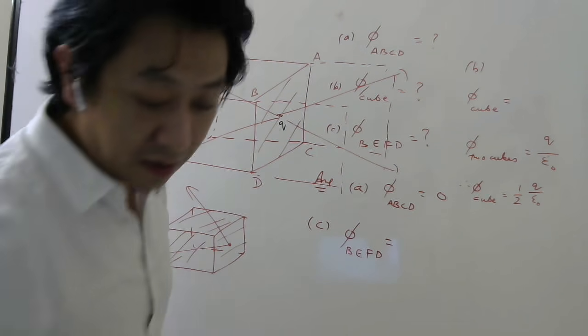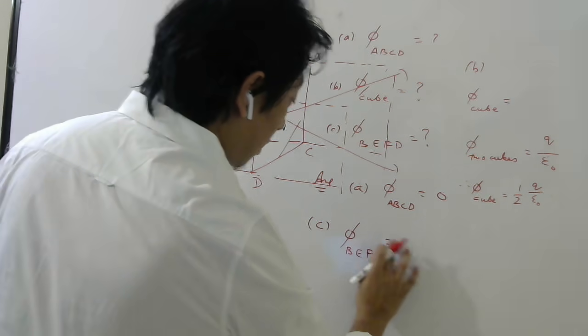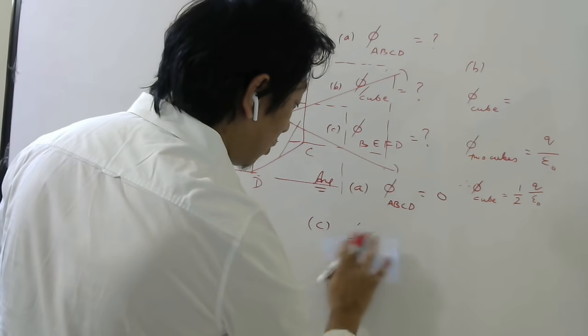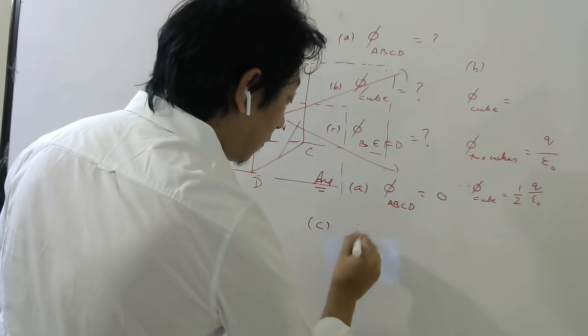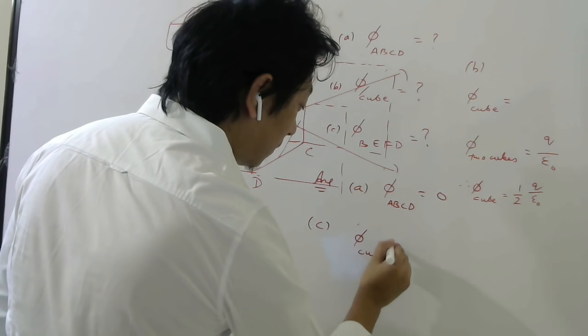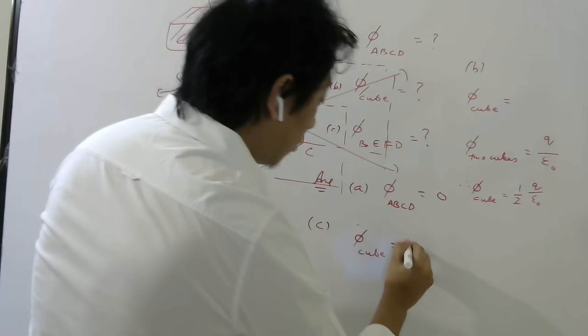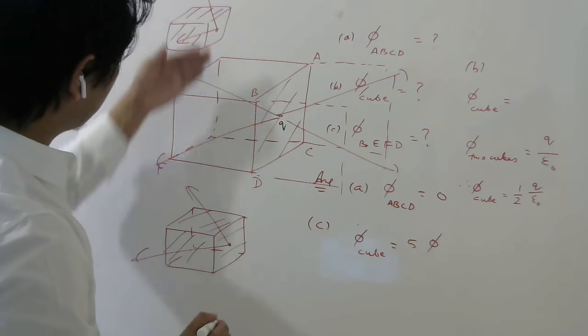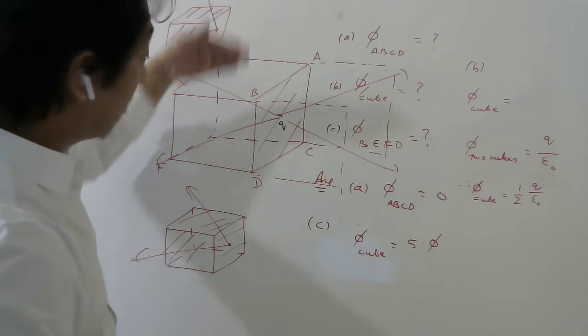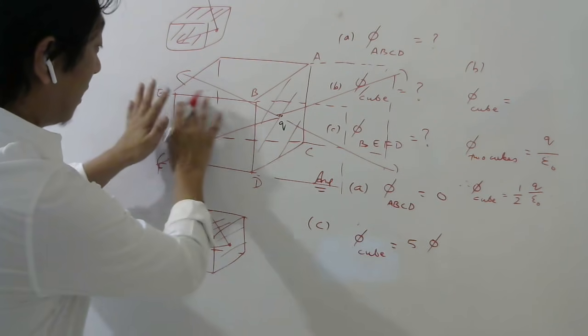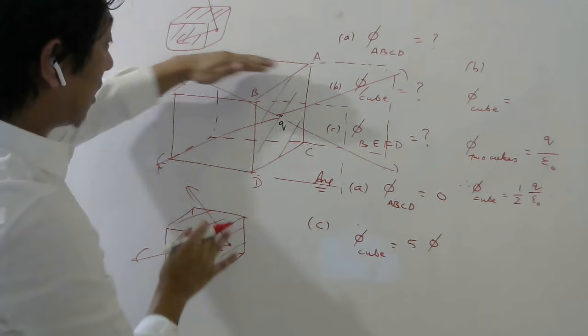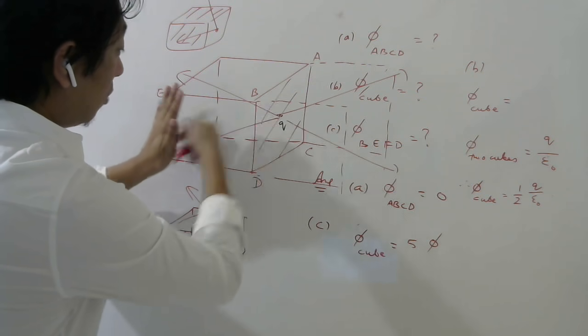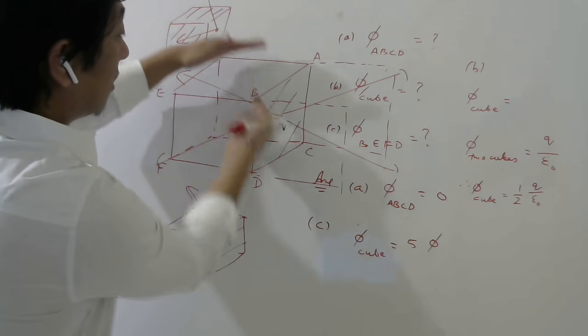That means I can write flux through the whole cube will be equal to 5 times flux through this surface, or you can say this surface also, because if one line cuts this surface, one line will cut this surface. If you say two lines will cut this surface, two lines will cut this surface also.